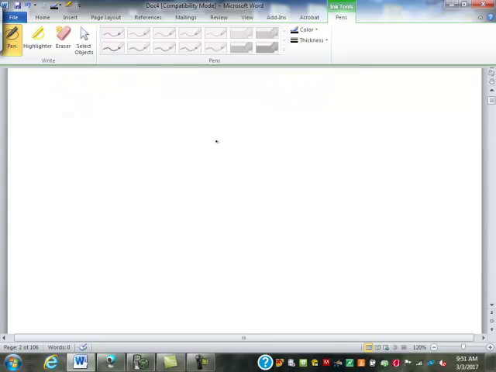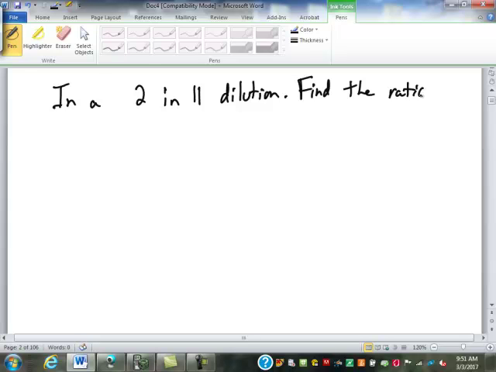So if we come at this from a different angle, if we are told that we have a 2 in 11 dilution, find the ratio of serum to water.